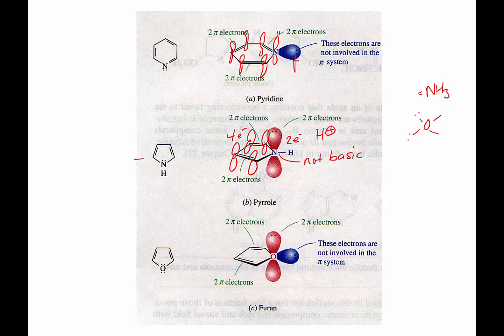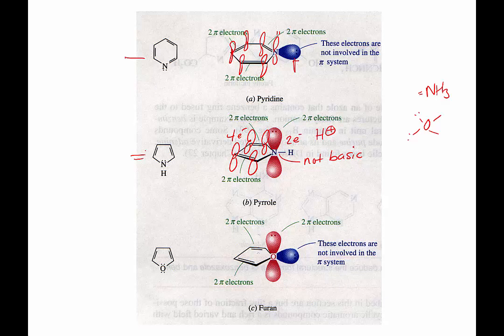For the two nitrogens, pyridine and pyrrole, the nitrogen is either basic or non-basic depending on the structure of the molecule. So the structure lends itself to the nitrogen either being basic or not basic. Is that nitrogen basic? It either is or isn't, depending on whether the lone pair contributes to the aromaticity, and if it does, then that makes the molecule more stable.